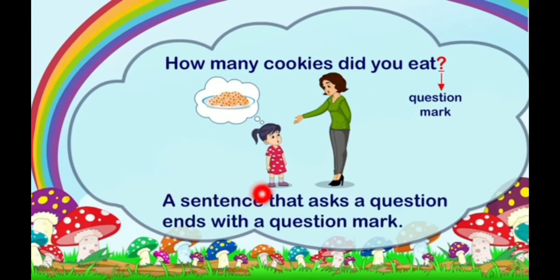A sentence that asks a question ends with a question mark. This sentence is asking a question. It is starting with the question word. How? How many cookies did you eat? So, this is a question. That's why we have marked question mark in the end. Alright?